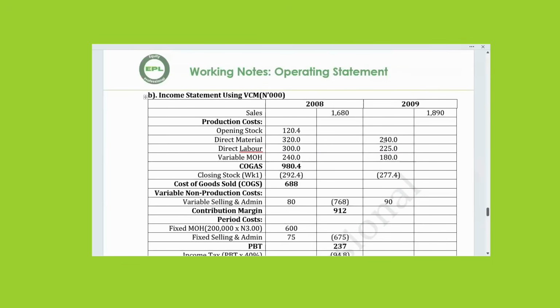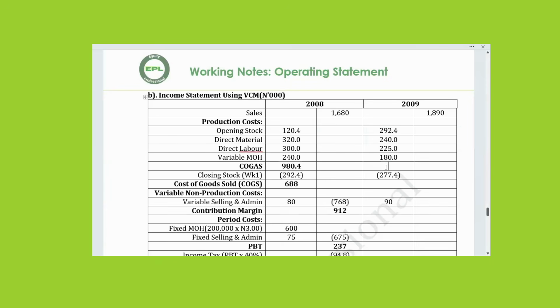We then move to 2009. The closing stock of 292.4 in 2008 will become opening stock in 2009. All right. So add it up. Festus, add the 4 line items. What do you have there? 937.4.